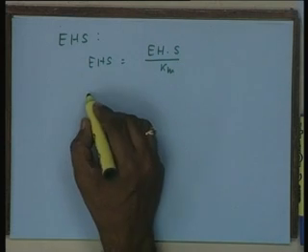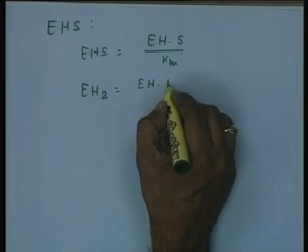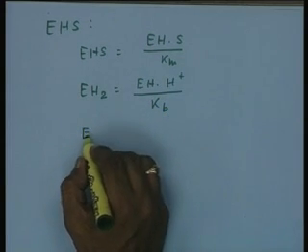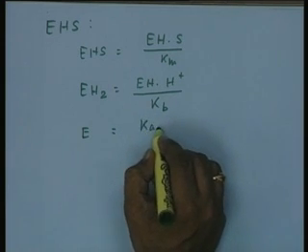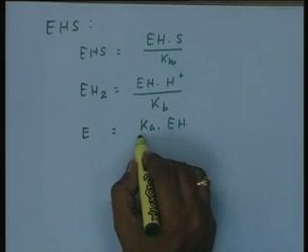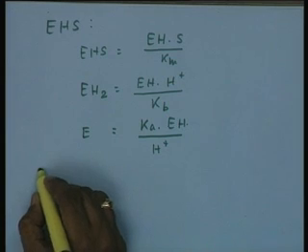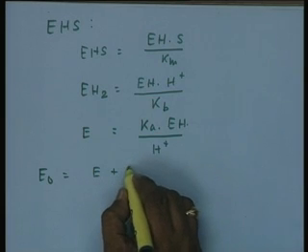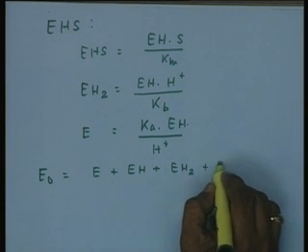Then similarly, EH2 will be your EH into H plus upon Kb, and E will be Ka into EH upon H, just based on the equilibrium dissociation of the three species. Of course, our total enzyme concentration E naught will be equal to free enzyme plus EH plus EH2 plus EHS.